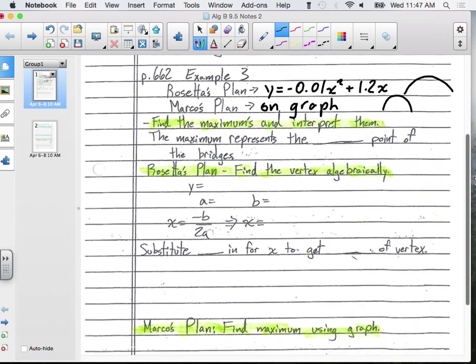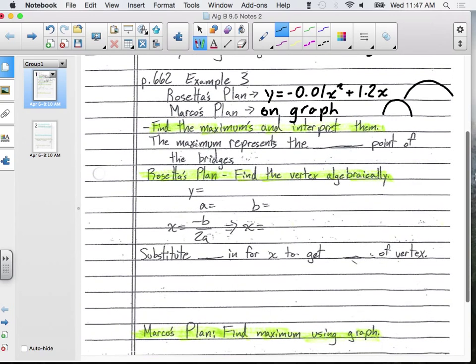So, when we're interpreting minimums, maximums, what do you think we're going to be dealing with, minimums or maximums? Maximums. So maximums represent what point of the bridge? The highest point, that's exactly right.